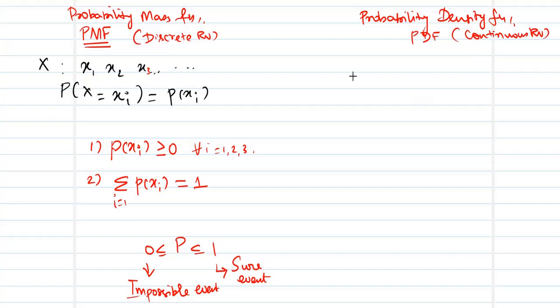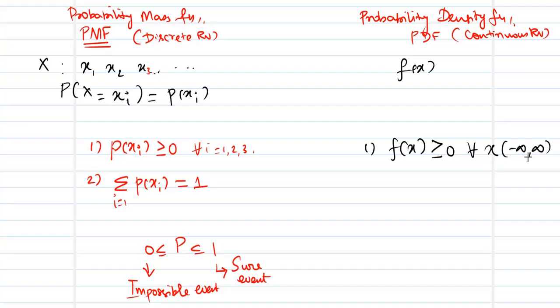So if capital X is a continuous random variable and you have a function called f of x defined, then this function f of x is going to be called the probability density function if it satisfies two conditions. Again, in a similar pattern to the discrete case, the first condition is that the function f of x must be greater than or equal to 0 for all the values that x takes between minus infinity to plus infinity.